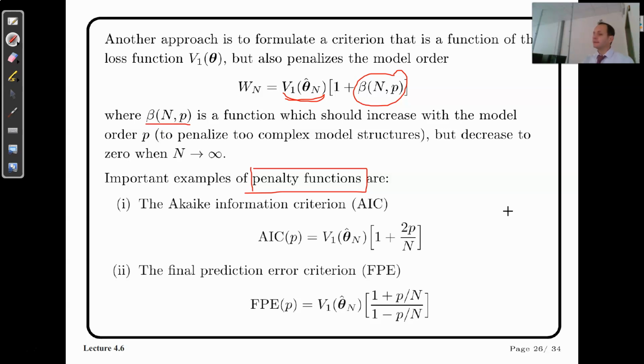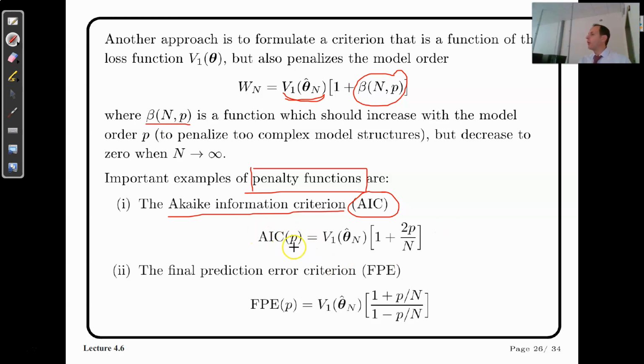I'm showing here these functions because they are implemented in the system identification toolbox. The first cost function is called the Akaike information criterion, indicated with the acronym AIC.